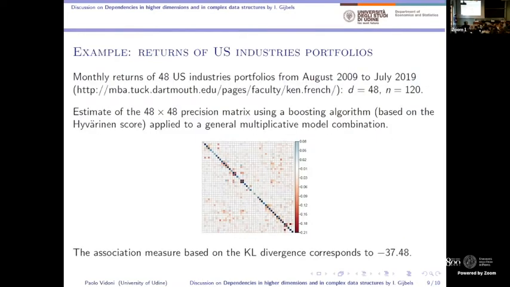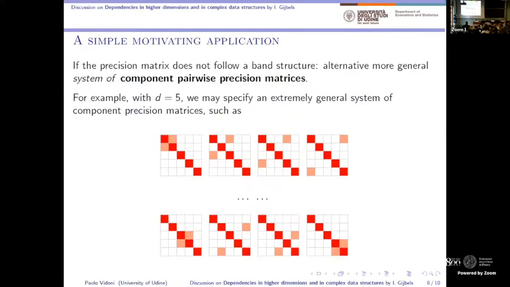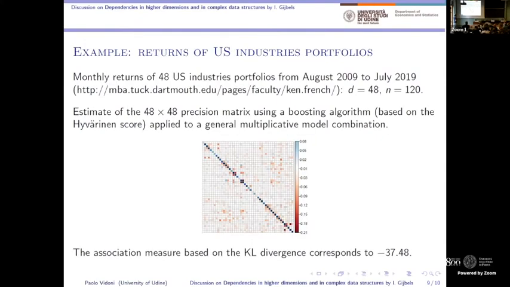Here we have a very simple application to a real data set, and here we can see with this heat map the estimate of the unknown precision matrix using this very general combination of components. We consider an inferential procedure based on the invariance score combined with a suitable boosting algorithm.